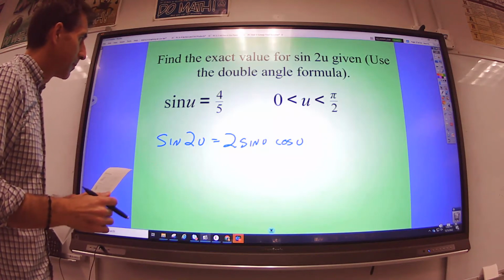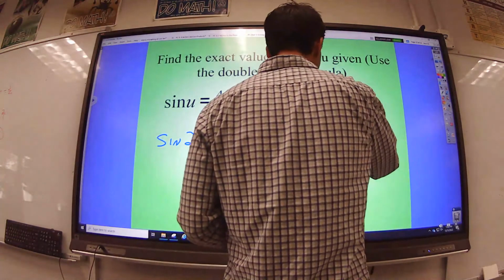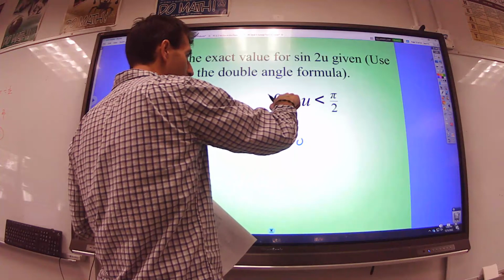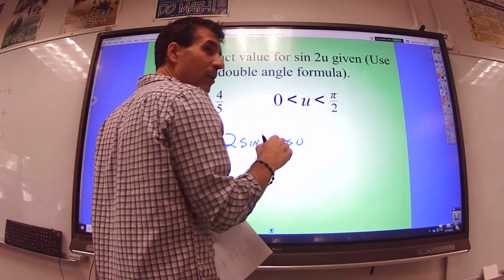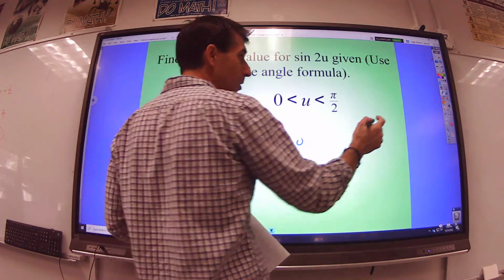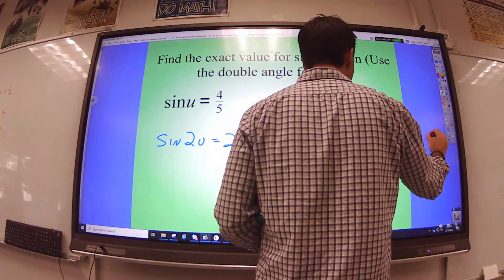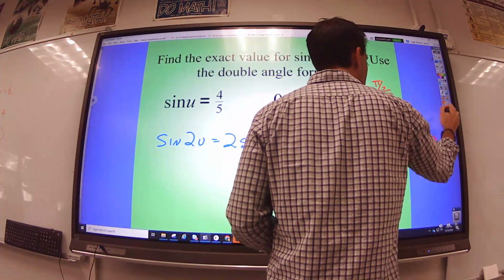Now, this is the double angle formula. Let's think about this, where u is between 0 and pi over 2. Why do we need to know this? Well, let's draw a picture. As you guys know, pi over 2 is here and 0 is here.